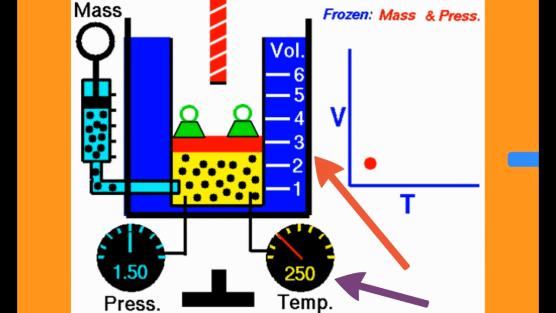Okay? So let's use our formula here. All right? So let's take a look at our temperature. What's it at? 250. All right, so T1, V1 here. And then we'll do V2, T2. Okay? All right, so our temperature's at what, 250?